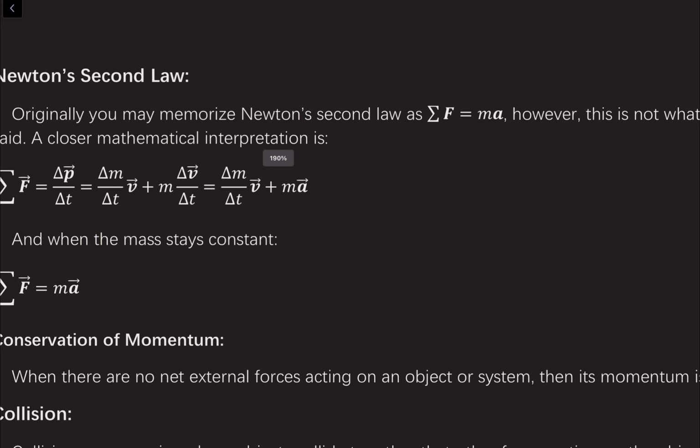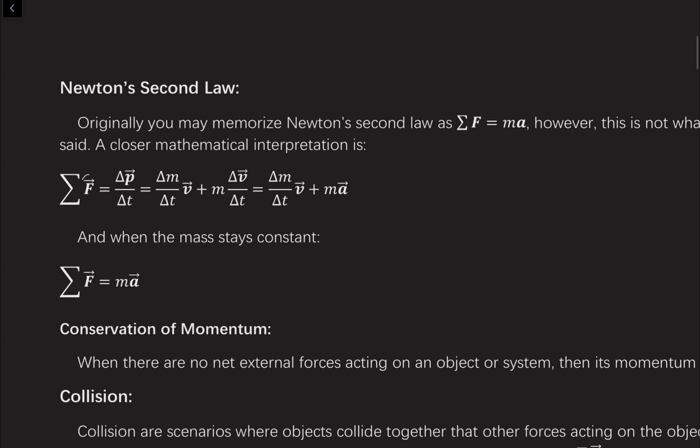Force changes the motion. You can see F and delta p. Since F and delta p are vector quantities and delta t is a scalar quantity, this force is changing the object's motion in the same direction as the force itself.